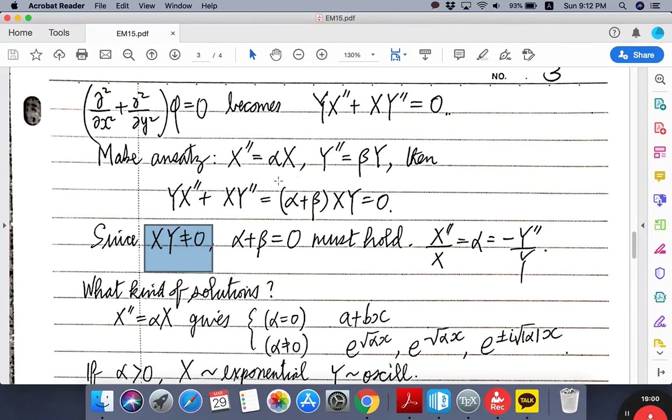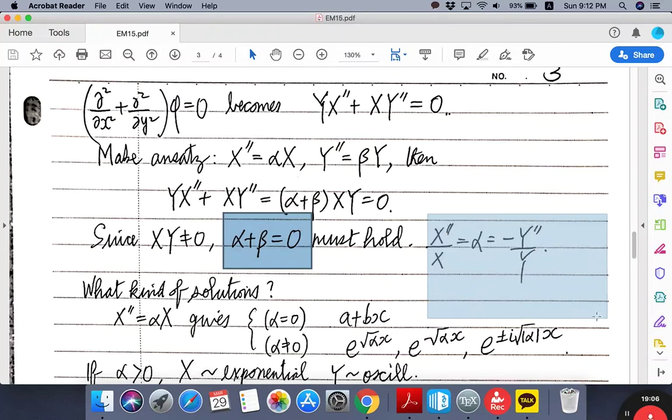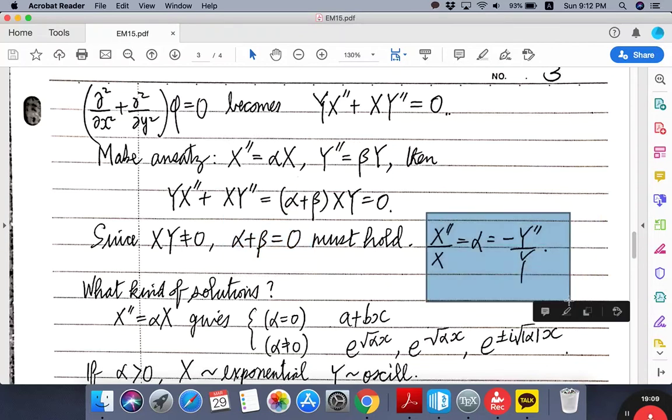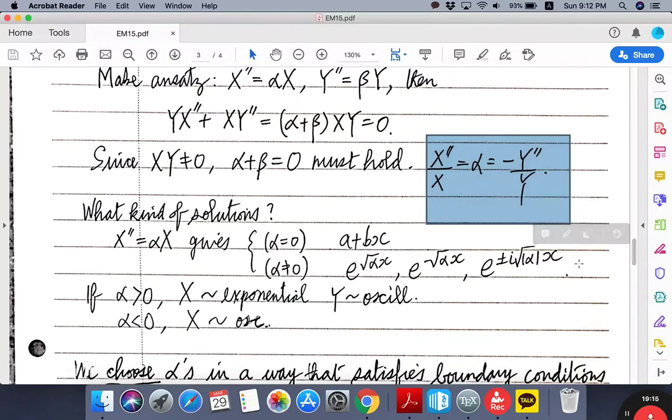So the only option we have left is to say that this sum has to be zero, which means that the second derivative of x and the second derivative of y are not independent, but they're rather related through this common constant alpha. Okay, so that's the equation now that we have to solve.